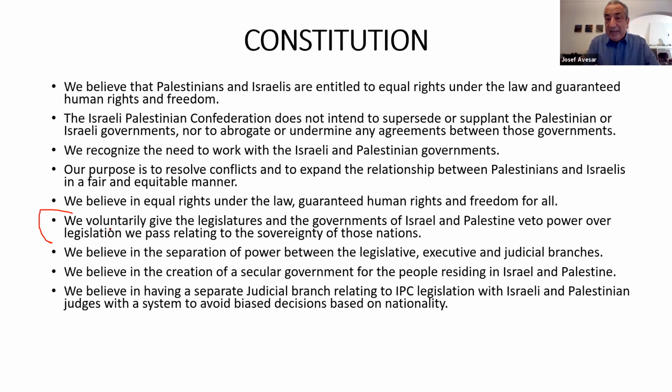Because when you are elected as a parliament member to the IPC, you basically say, yes, I am willing to participate. I am willing to work together with Palestinians and Israelis in order to create laws that neither the Israeli nor the Palestinian government could reject. And those laws relate to many, many issues. One of them is the refugees, Jerusalem, the occupation, settlements, etc. And we are proposing some of those, and we could do that today.